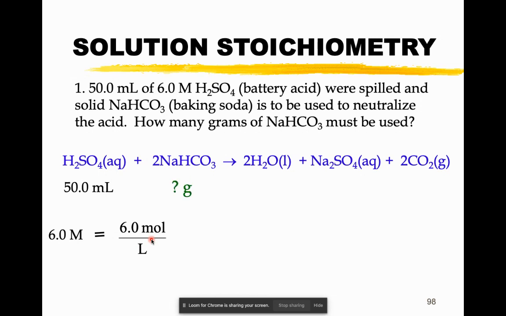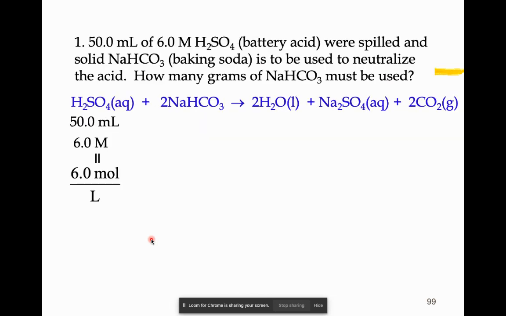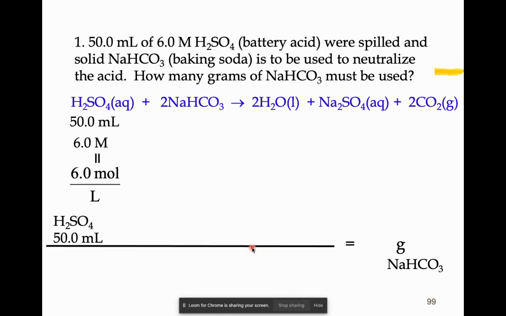But going back to this problem, we are asked for how many grams of sodium bicarbonate there are. So what can we do? In getting the number of grams of sodium bicarbonate, we have to form our working equation first. We start with our given, 50 mL of sulfuric acid, and we also have the molarity. The molarity of sulfuric acid can be used as a conversion factor so that we end up with the number of moles.